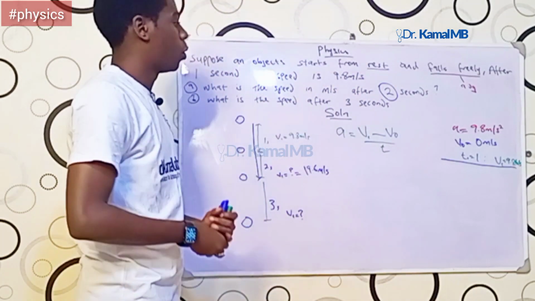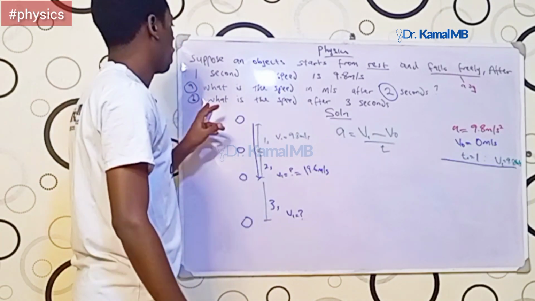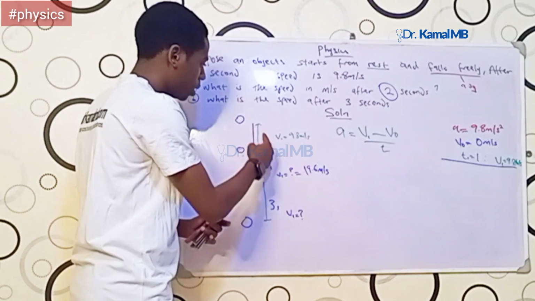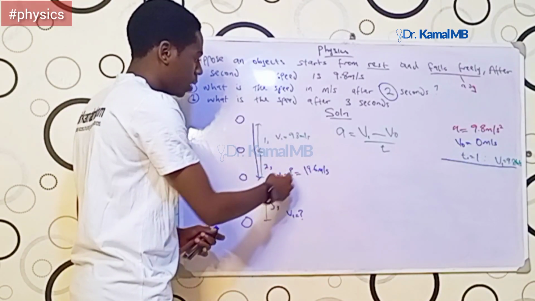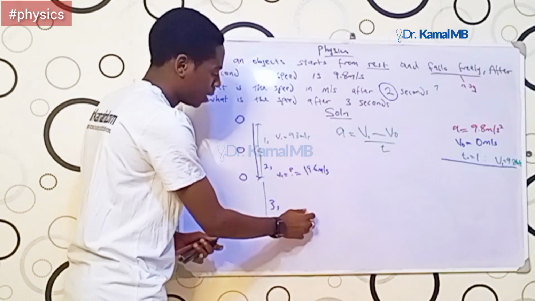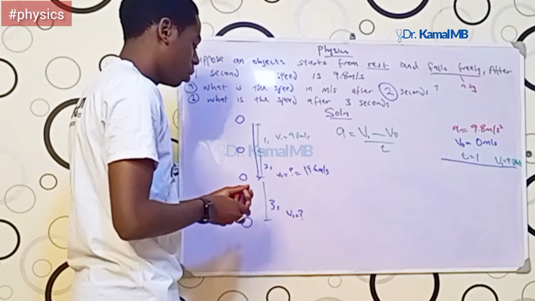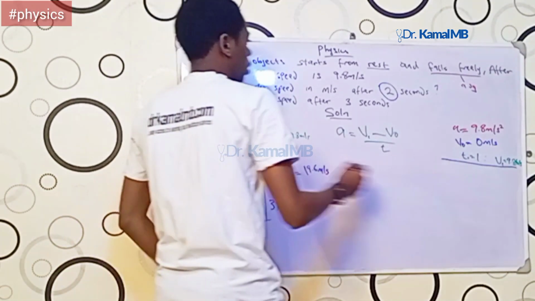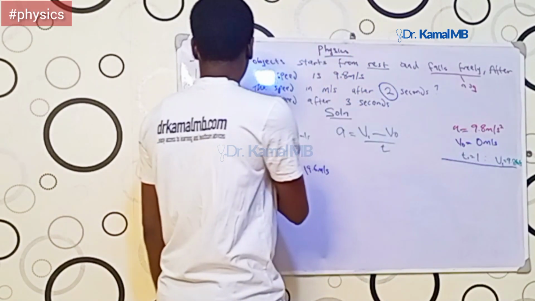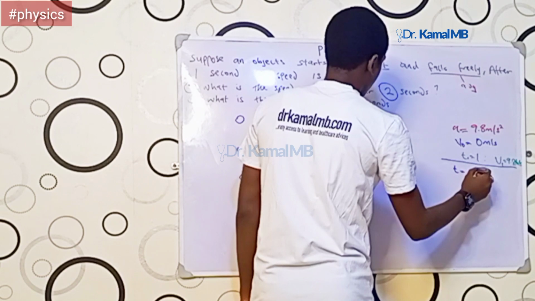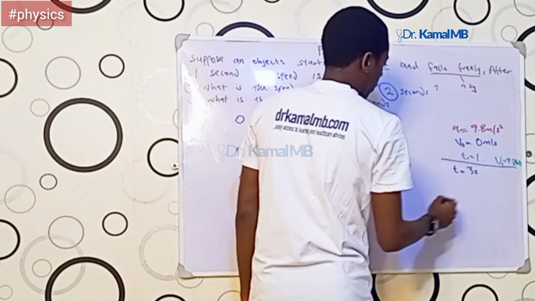Okay, now for question 2, we have, what is the speed at 3 seconds? I mean, when it is going, 1 second 9.8, 2 seconds 19.6. So what is the speed at 3 seconds? The same formula. From the question, T will be equal to 3 seconds.